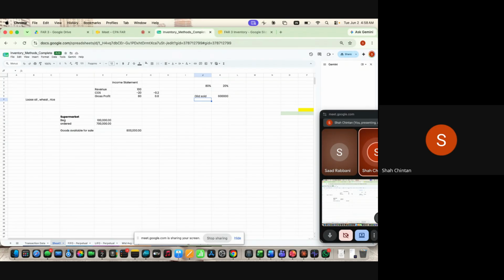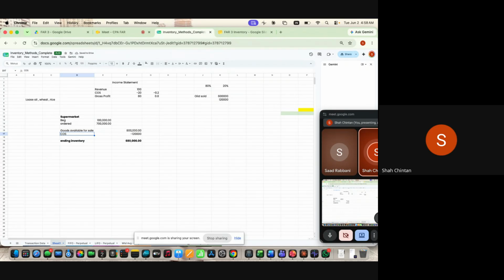Now I know that my cost of goods sold out of this is 20%. So I can say that out of the cost of goods available for sale of 8 lakh, I have actually sold goods worth 1,20,000. So my ending inventory should have a value of somewhere around 6,80,000. Now this is called the gross profit methodology.